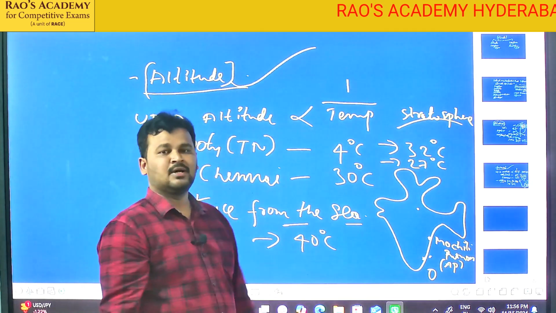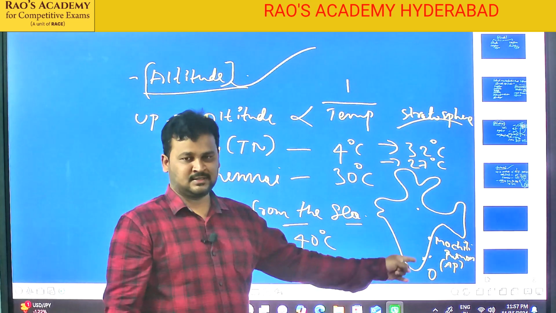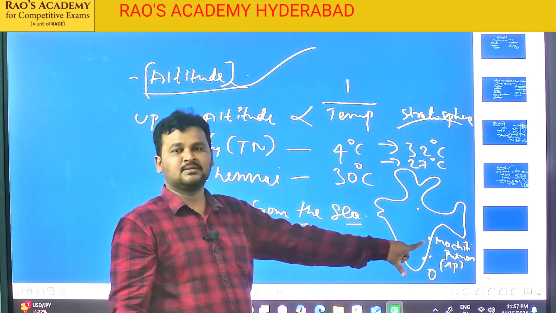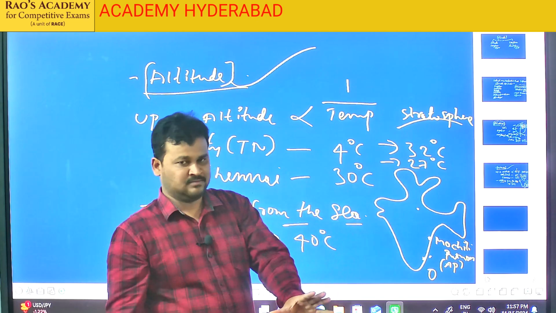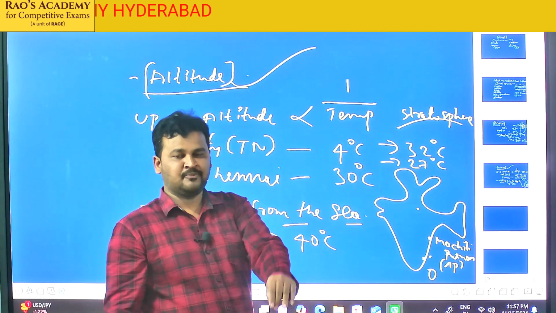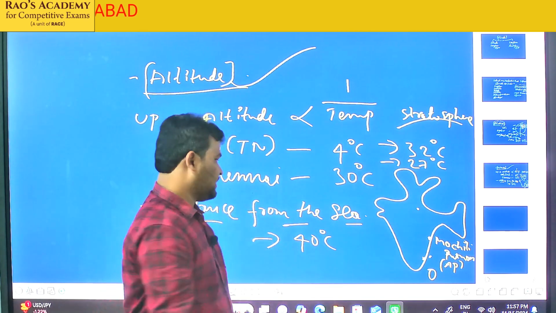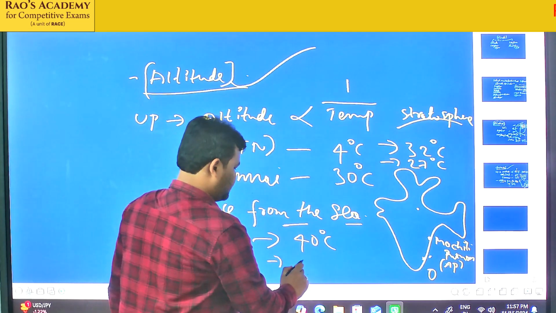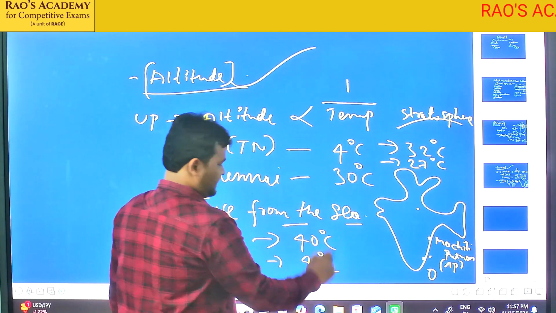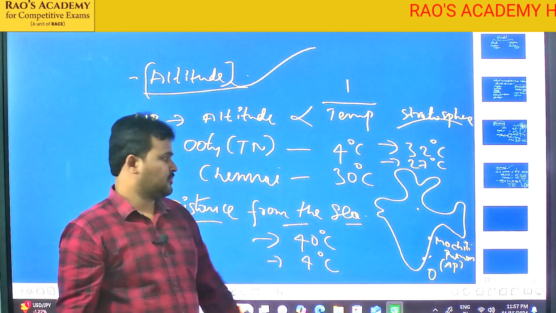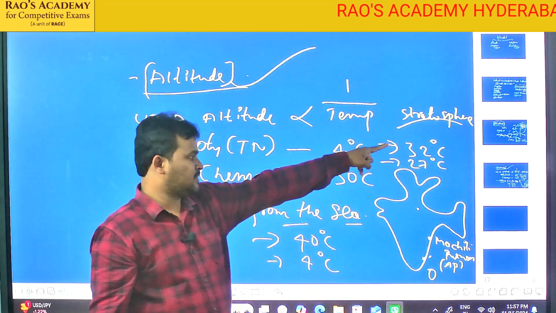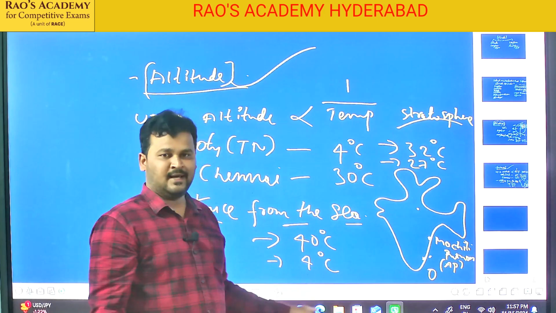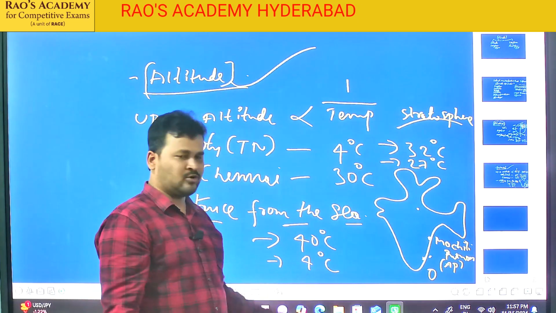On an average, the temperature will be 40 degrees Celsius. And if you observe the temperature in the same Delhi at night, or in the morning at 3 or 4 a.m., the temperature may drop to 4 degrees centigrade. So for Machilipatnam it is 32 degrees and 27 degrees, and for Delhi 40 degrees and 4 degrees Celsius.